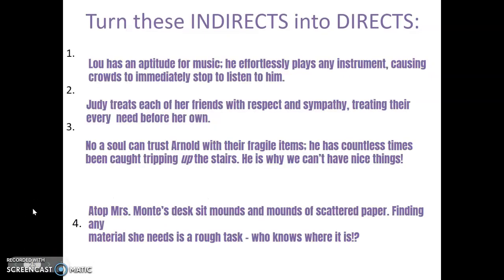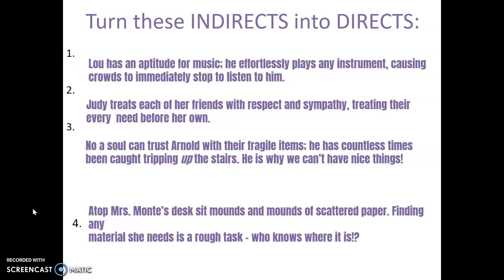So what I want you to do now, sorry if I'm repeating myself, my video cut off briefly, is I want you to take each of these 4 items of indirect characterization, where the author used the STEELE method, and I want you to rewrite it using direct characterization. When we do that, we're going to use what the text says, and write a statement about the type of character that Lou, Judy, Arnold, and Mrs. Monte are.